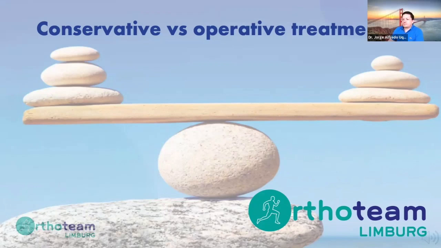This means they are younger patients who are very active in daily life and in sports and who want to return to the same level, if possible, after this injury. These patients we almost every time operate.